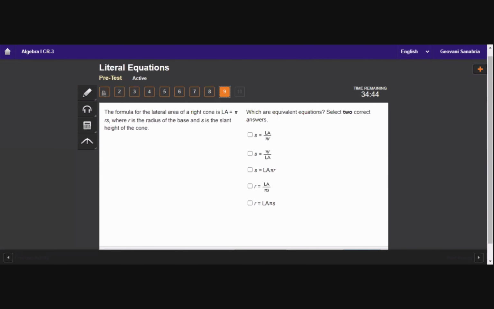So it's asking you to start with LA equals pi RS, get R by itself, that's one answer. And then start over and get the S by itself, and that's another answer.